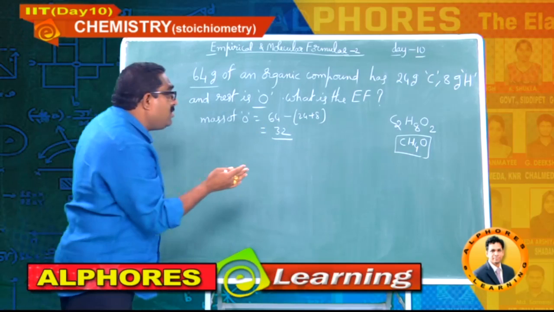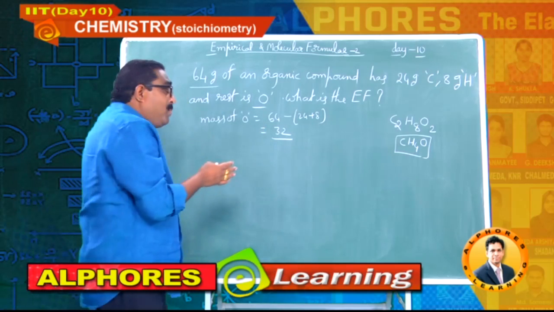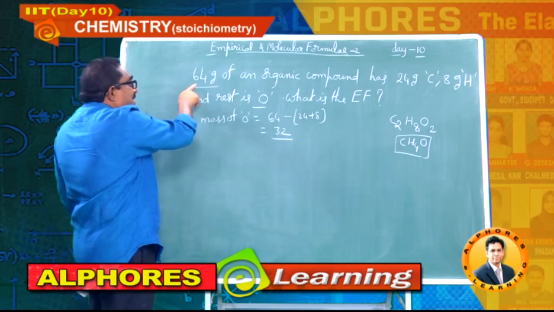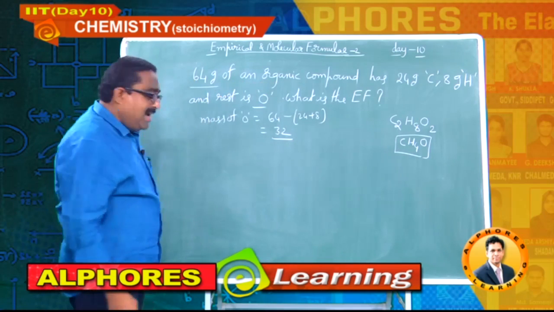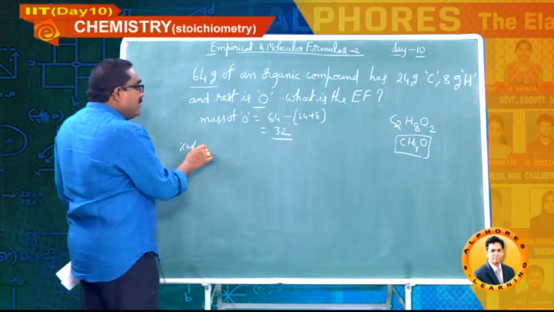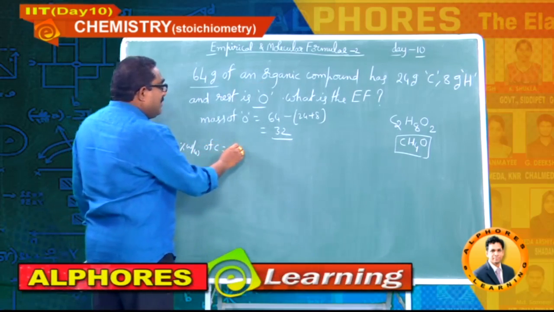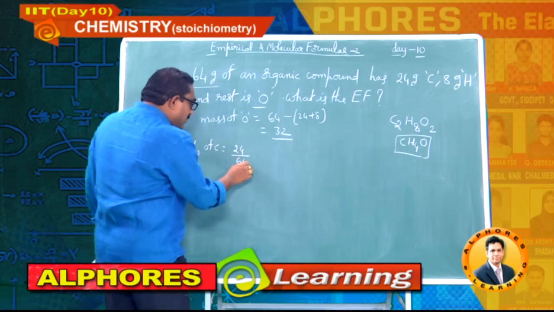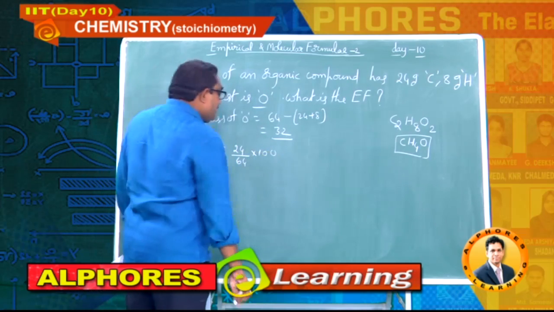But if you follow the procedure, initially you should find out the mass percentages, because 64 grams, 24 grams. Here I am writing, see students, percent W by W. Mass percent of carbon: how you can evaluate, students? 24 by 64 into 100.